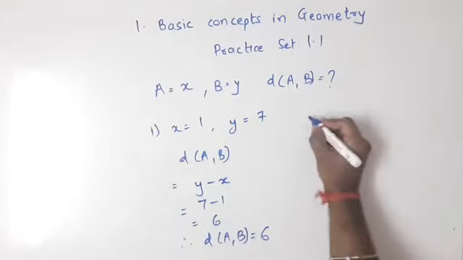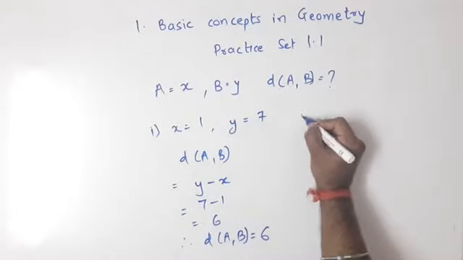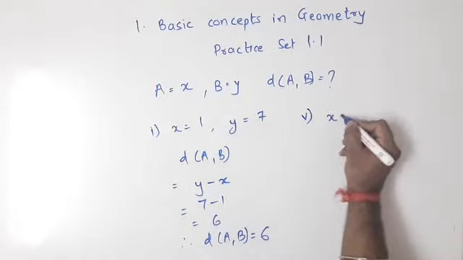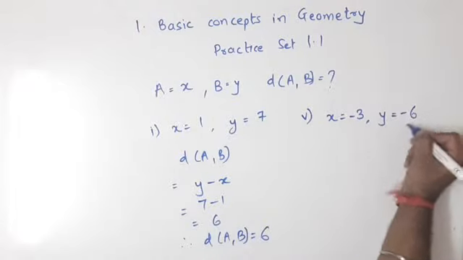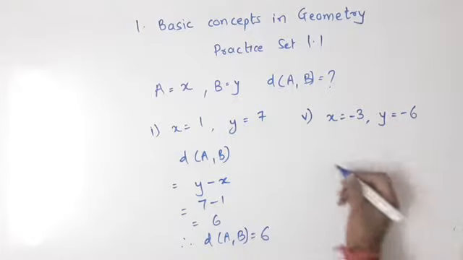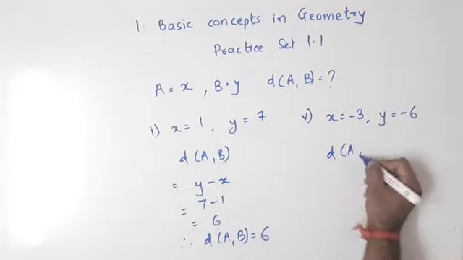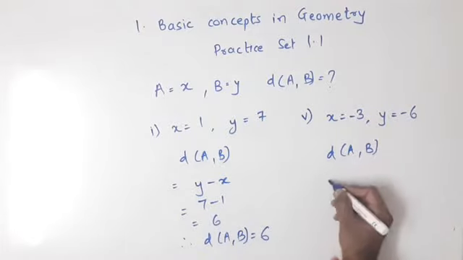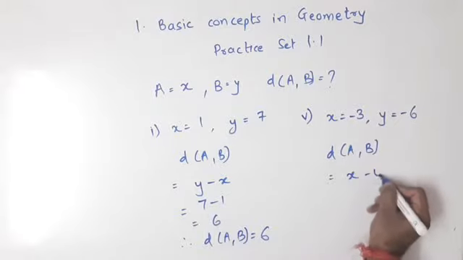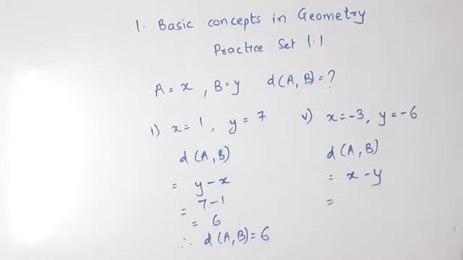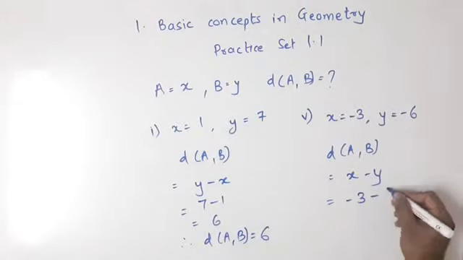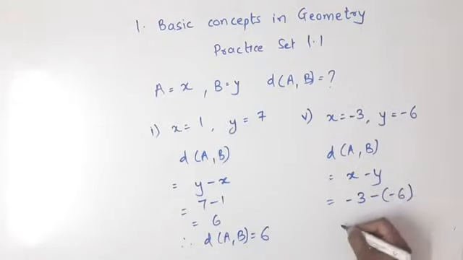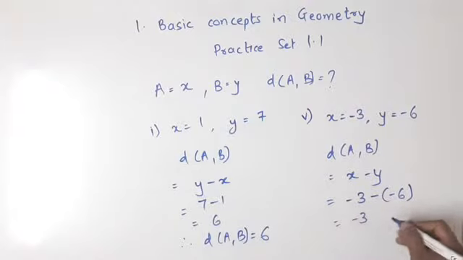Okay, let us do the 5th one. x equals minus 3 and y equals minus 6. Yes students, can you tell me which one is greater? Here x is greater, so it will be x minus y. Minus 3 is greater than minus 6. So minus 3 minus minus 6, which is equal to minus 3, this will become plus 6.